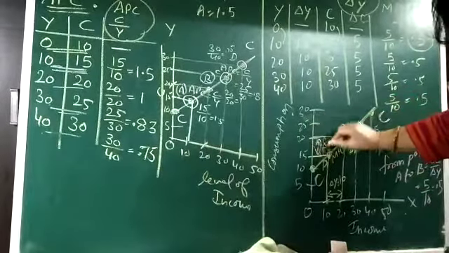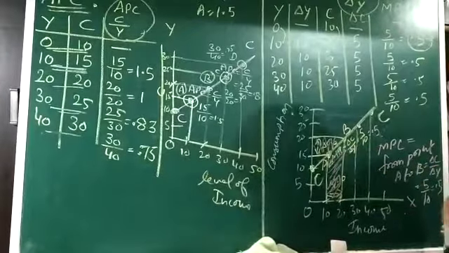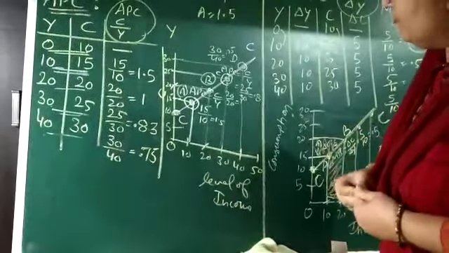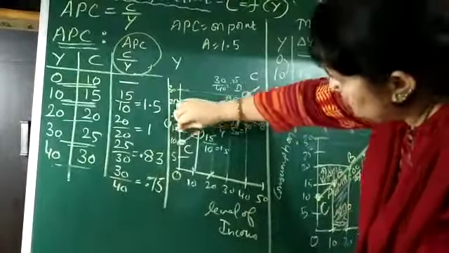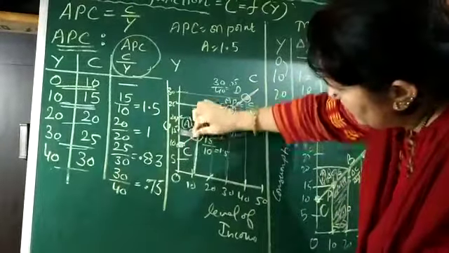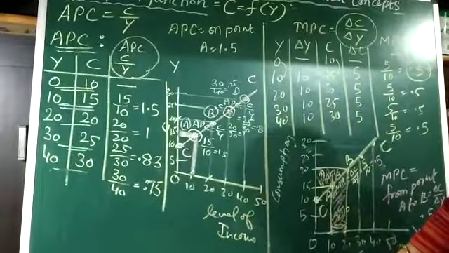So the shaded area indicates MPC and here the shaded area indicates the value of APC. This is the basic difference between APC and MPC.